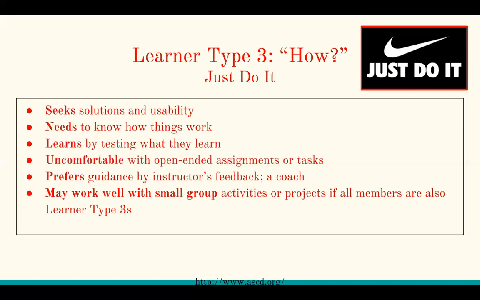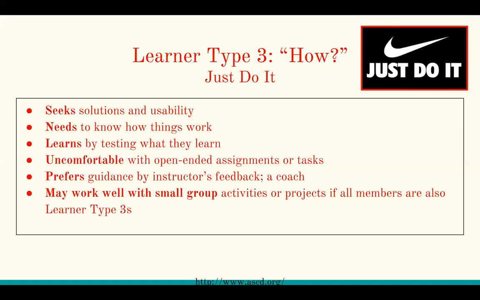Ding, ding, ding. And also, learner type 2s are very organized, so they may want to plan and organize how they're going to solve a problem or how they're going to assign each member in the group a job or come up with an objective or a goal before they start working.